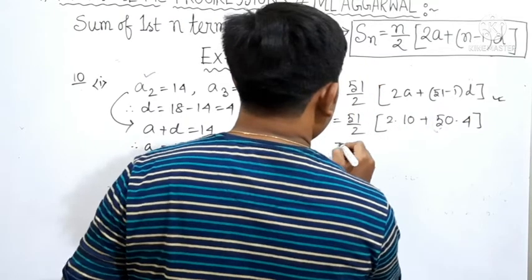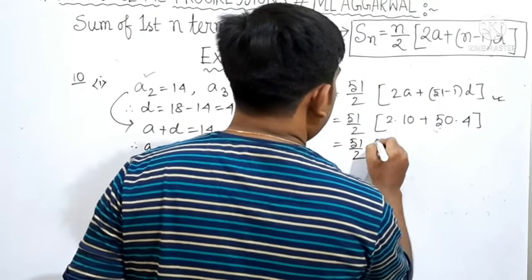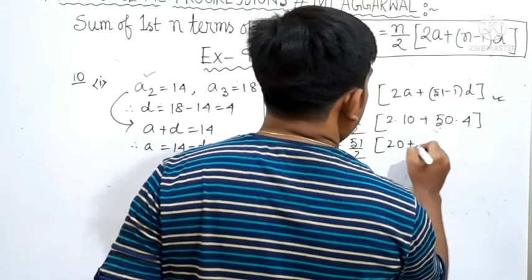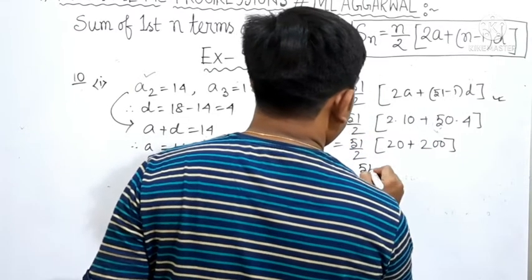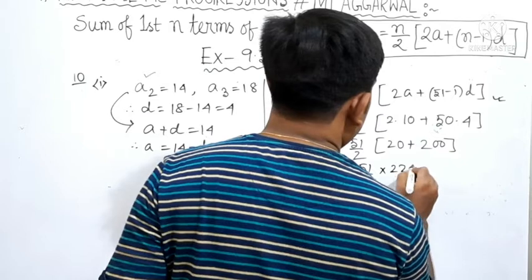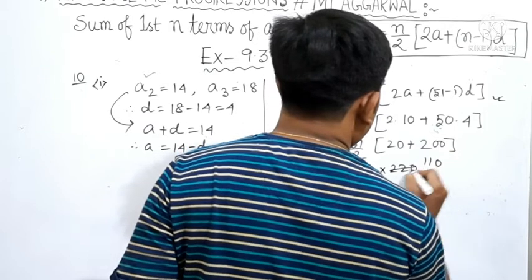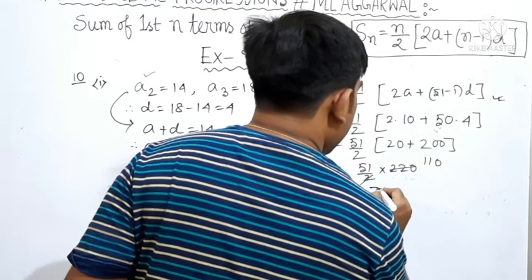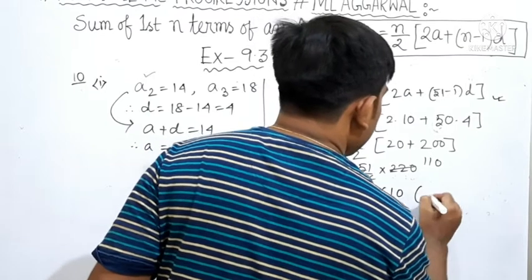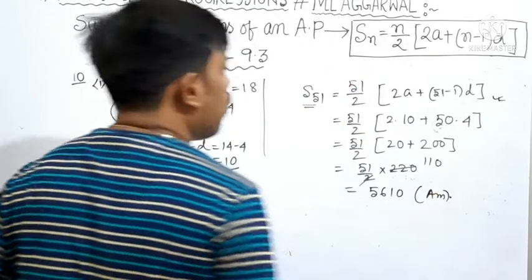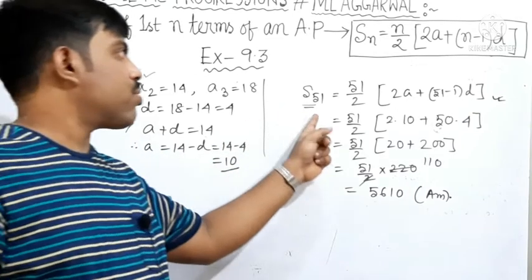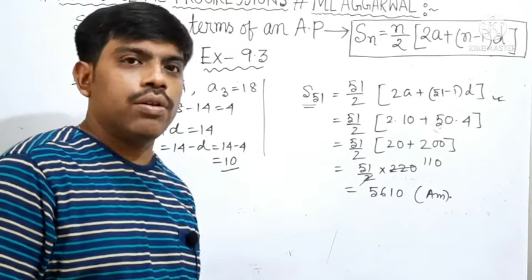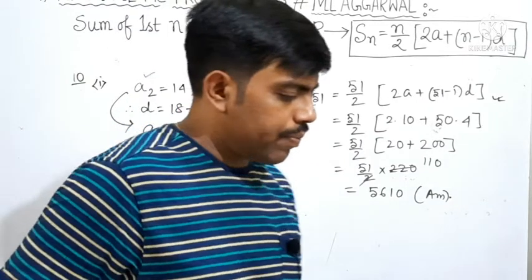So it will be 51 by 2 into 20 plus 200, that is 51 by 2 into 220, which is 51 into 110. After multiplication we get 5610, and it is the answer. So we find the value of S51 is equal to 5610. Next we go to the next problem.